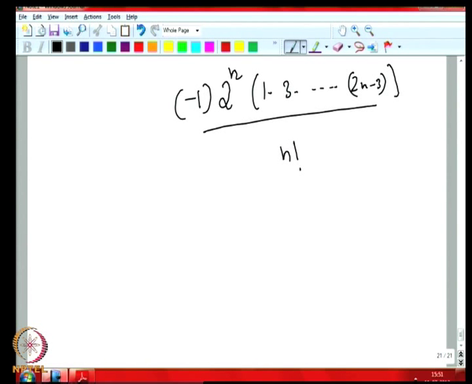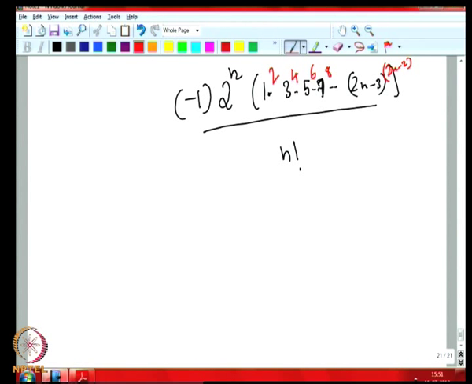Now what we can do is introduce n factorial. What you can see is 1, 3, 5, 7 like this, odd numbers only are going. I would like to introduce 2 here, 4 here, 6 here, 8 here and so on up to 2n minus 2 here.